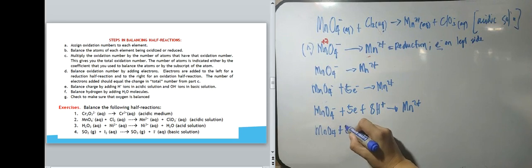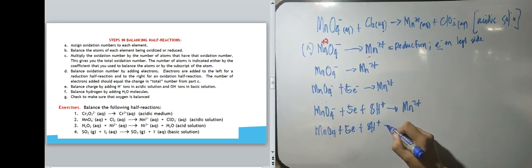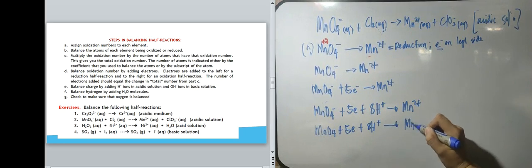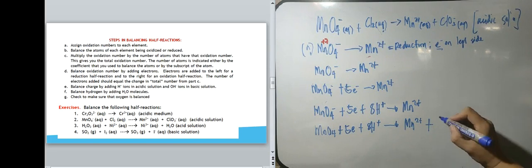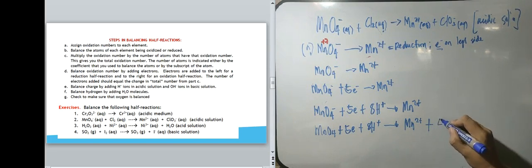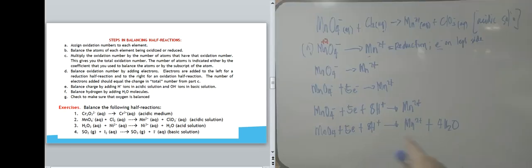Plus 5 electrons, 8 H plus, how many water will we add? 4 H2O. So, let's check the number of atoms. Mn one, oxygen 4, oxygen 4, 8 hydrogen, 8 hydrogen.